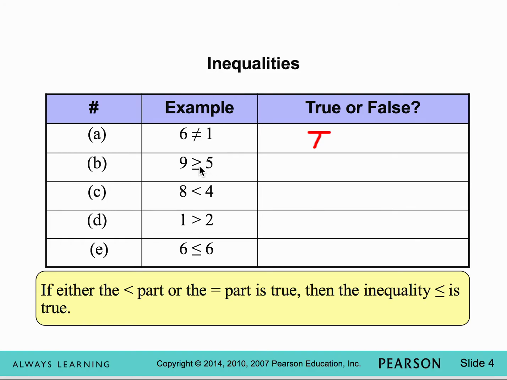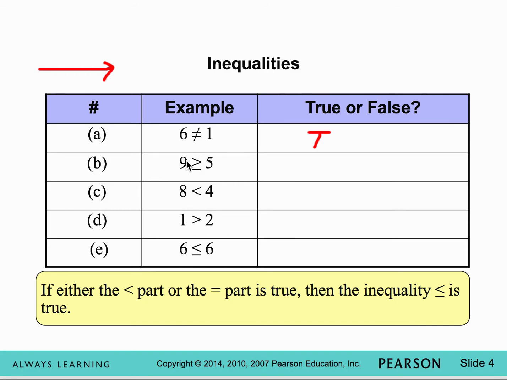Now, remember, we read math just like we read English in this direction. So when I'm reading across here and I come to the bigger side first, that means I would read it as greater than or bigger than. If I come to the smaller side first when I'm reading, it's less than or littler than.